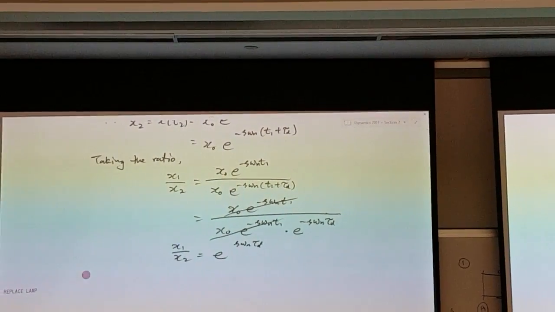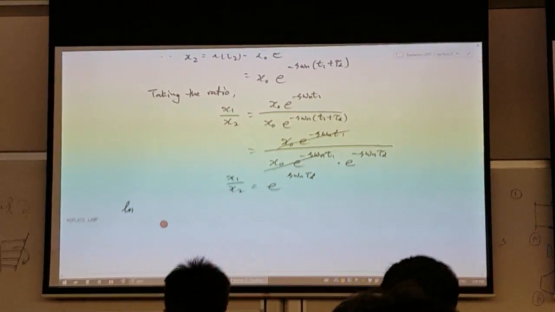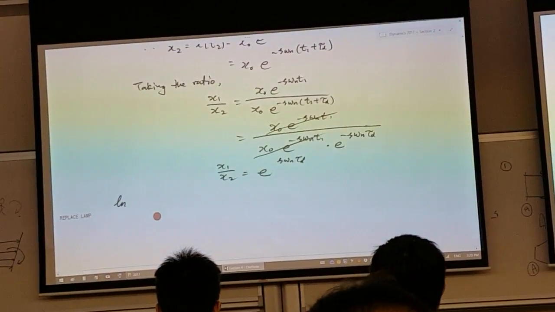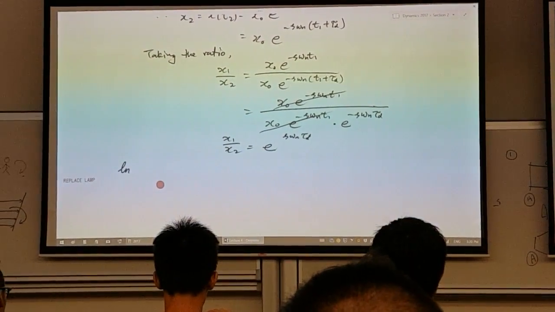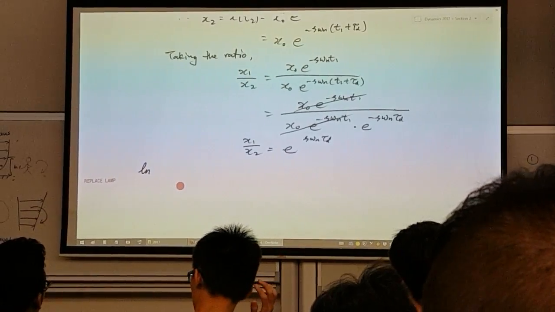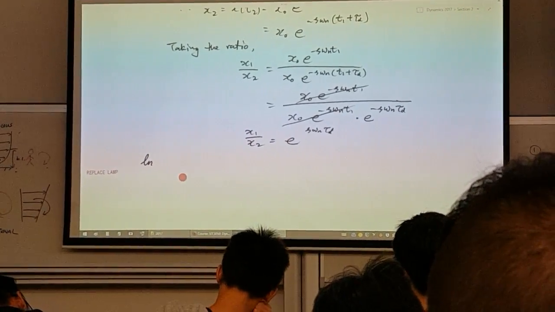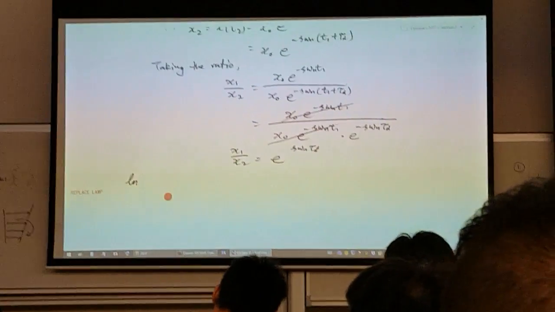Now that you have that, the next thing to do is to take ln, natural ln, on both sides. Natural ln is different from log, L-O-G, logarithm. Logarithm is to the base 10. Natural log, or ln in this case, is to the base e.